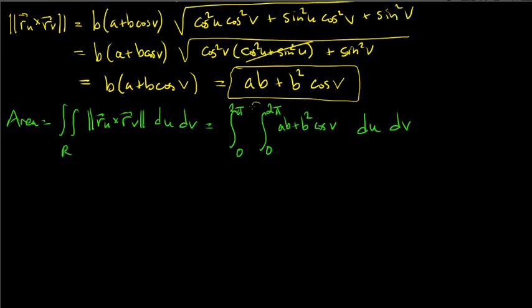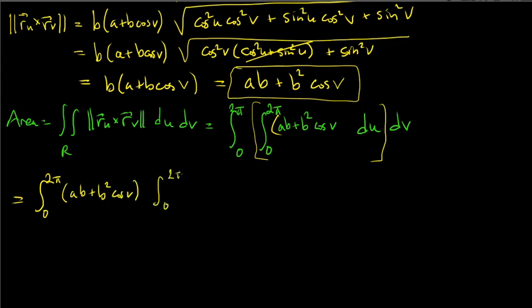We'll do the inside integral first with respect to u. So we'll do the v later. Yeah, this is just a constant, so this is all times u. So why don't we bring out the constant here? Cosine of v, right? And then we just integrate from 0 to 2 pi of 1 du, which is, of course, just 2 pi.